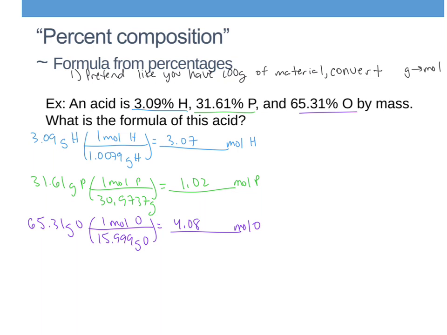Now I have moles, and now I need to find the ratio between them. I don't know if you've ever done problems like this. You probably have, but you've probably forgotten. What we're going to do to figure out a nice ratio is divide all of the numbers by the lowest number. So step 2 is to divide all the numbers by the lowest number.